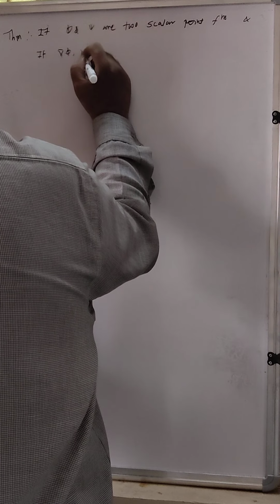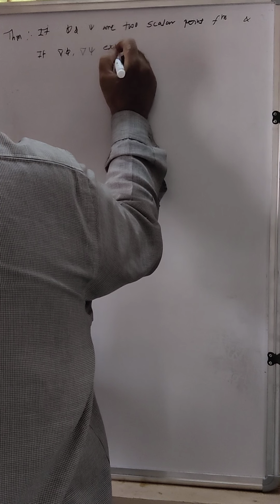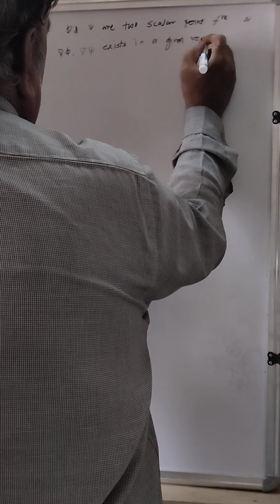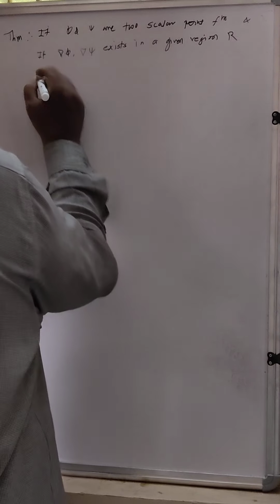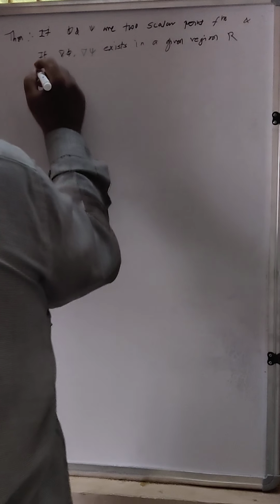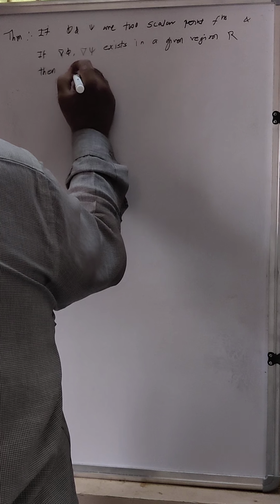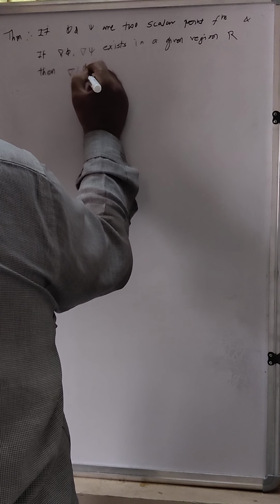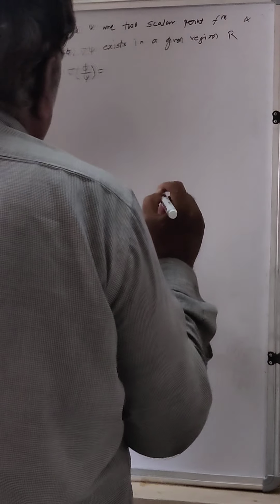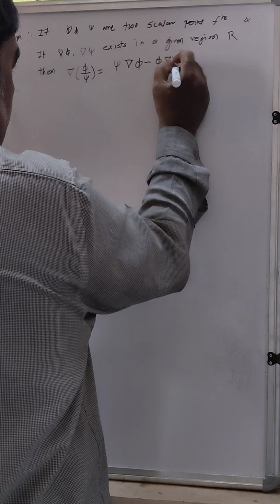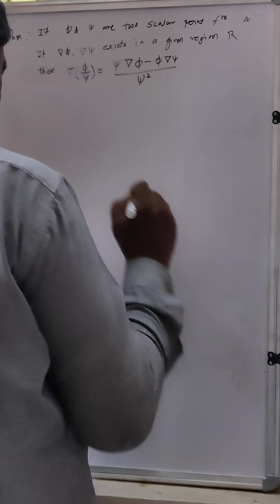then del of phi by psi is equal to psi del phi minus phi del psi upon psi square.